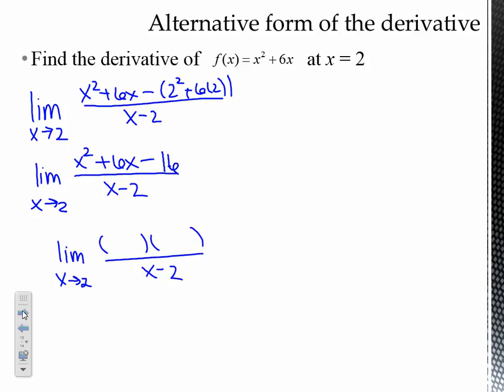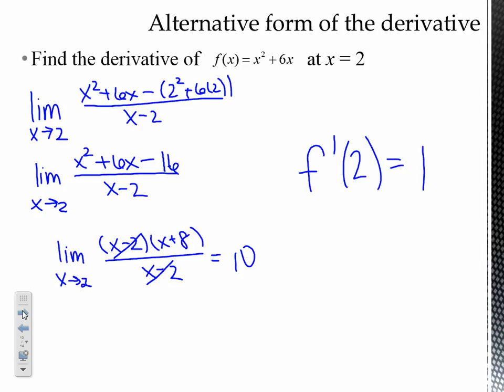X plus 8. Okay, so when we evaluate our limit, we get, evaluated at 2, okay. So this means the derivative evaluated at 2 is 10.